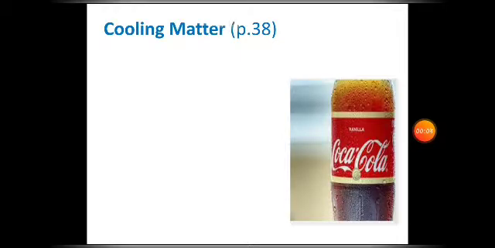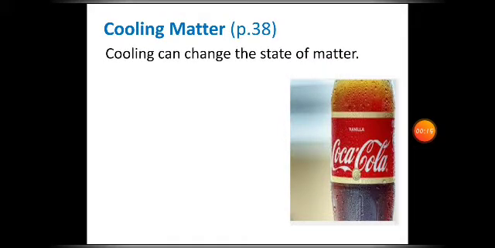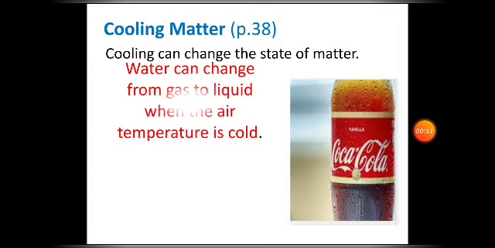Another change which results from cooling is the one that you can observe in the bottle or in the picture. Do you see the droplets of water? Well, this is the change of water in its gaseous form, which we call water vapor, into liquid. So we can say that water can also change from gas to liquid when the air temperature is cold.